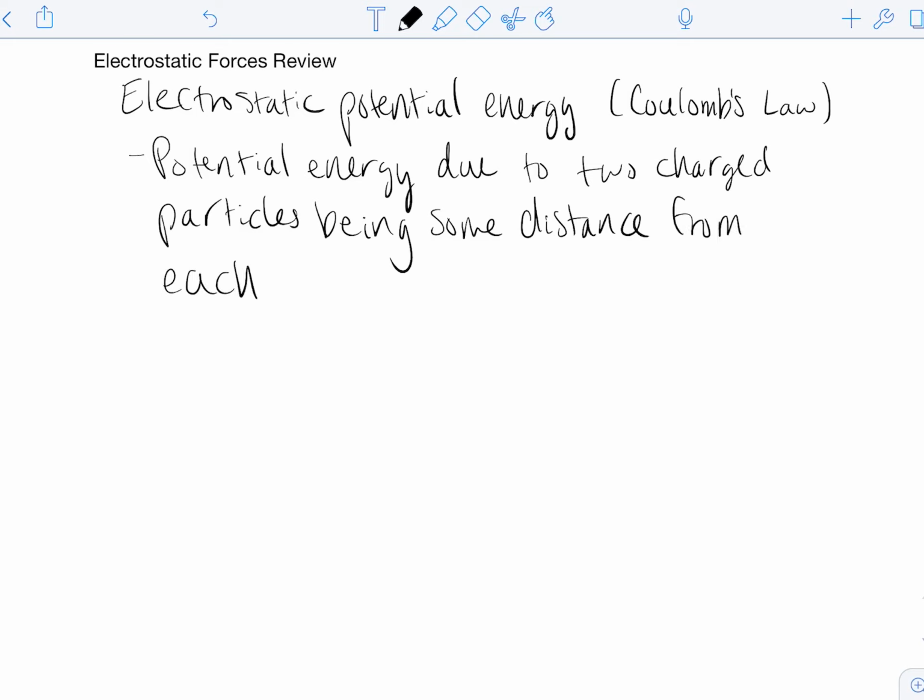And these, as I said, are given by Coulomb's law. And our Coulomb's law, we calculate it as a force.